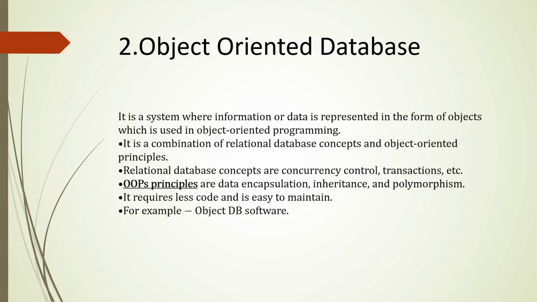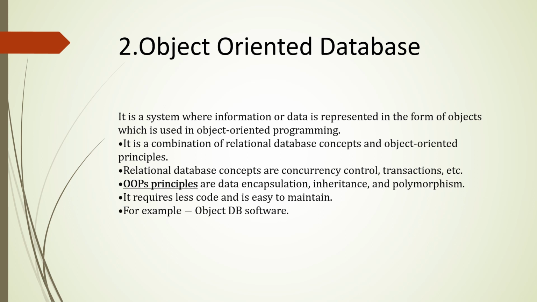And coming to the object oriented database. What is an object oriented database? It is a system where information or data is represented in the form of objects, as used in object oriented programs. It is a combination of relational database concepts and object oriented principles.